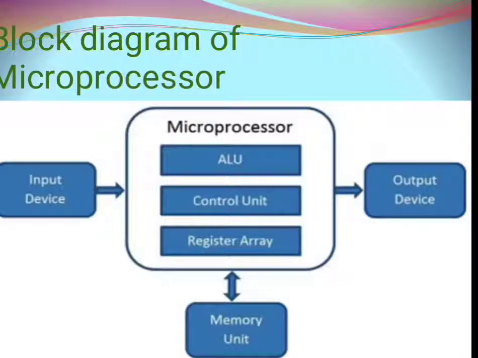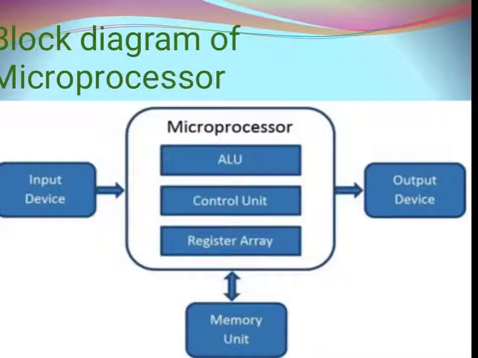It accepts digital data from the input device according to the instructions stored in the memory. Arithmetic and logical operations, meaning addition, subtraction, OR operation, AND operation, are all performed in the processor, and the results are stored in the memory and produced as output. This is the function of the microprocessor.